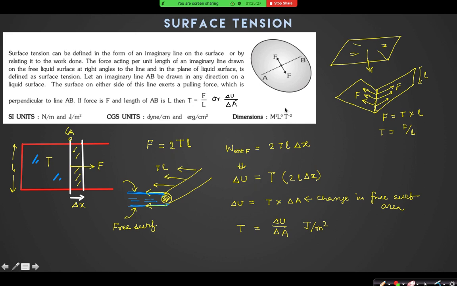You can say it is a tensor quantity, but if that is not in your syllabus, you can just write that it is a scalar quantity. Anything else? Have you understood the mathematical expression for surface tension? Clear this one? Okay.